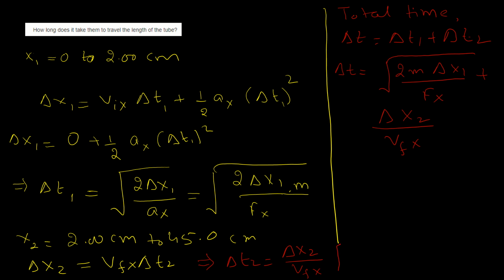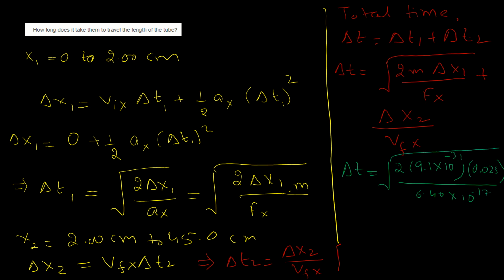Delta t equals the square root of 2 times 9.1 times 10 to the power minus 31 times 0.025 meters divided by F_x, which is 6.40 times 10 to the power negative 17.